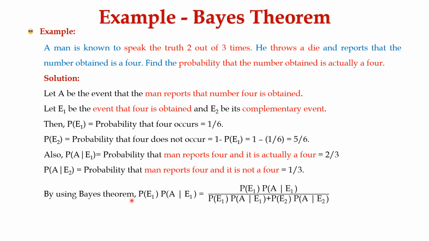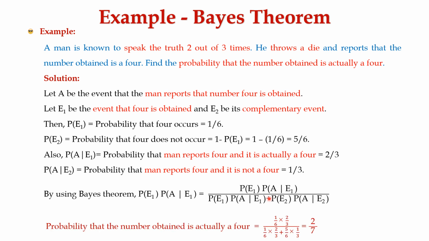By using Bayes theorem, probability of E1 given A is equal to probability of E1 into probability of A given E1, divided by probability of E1 into probability of A given E1 plus probability of E2 into probability of A given E2. Now we have to substitute these values.